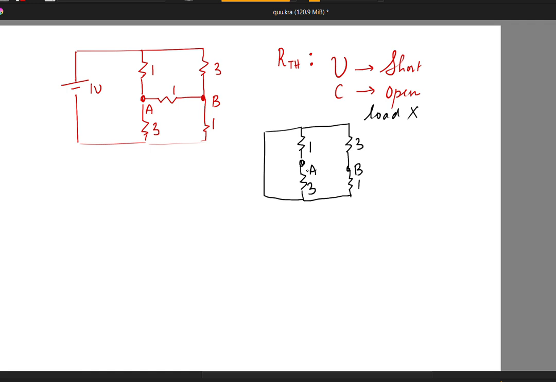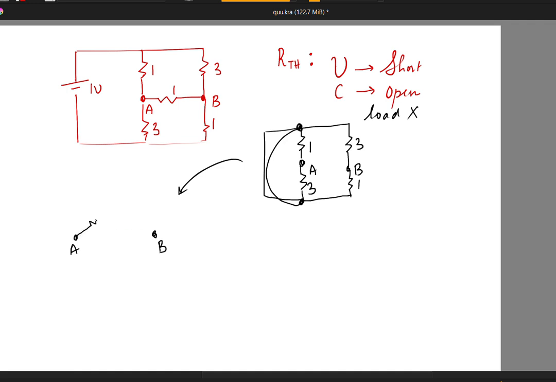Now we need it across 2 points A and B, right? And the way to go about this is you can have a point A and you can have another point B, and you notice how these two ends, this and this, are kind of shorted together, right? So I can short them together.